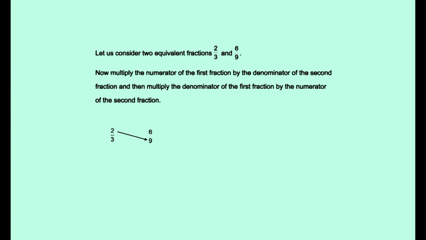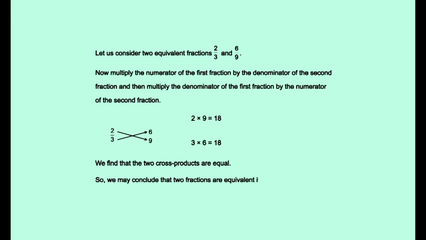2, 9, 3, 6. 2 into 9 is equal to 18. 3 into 6 is equal to 18. We find that the two cross products are equal. So, we may conclude that two fractions are equivalent if the cross products are equal.